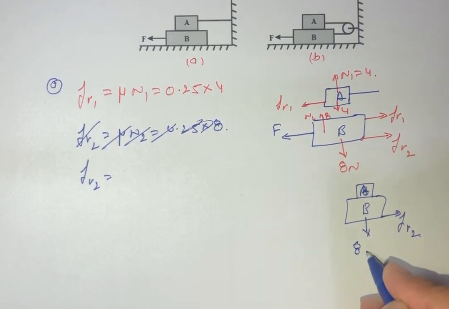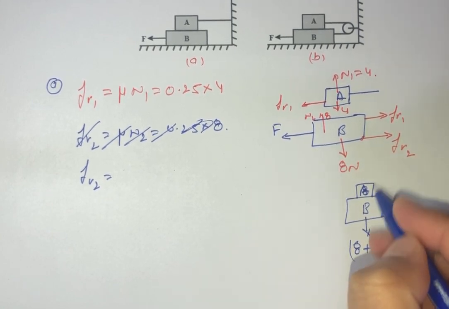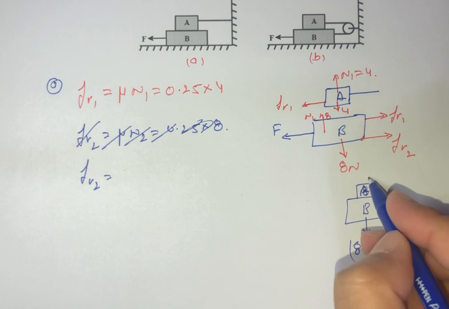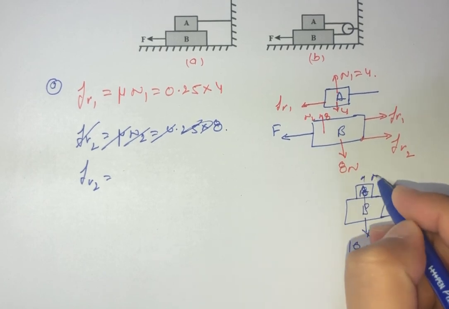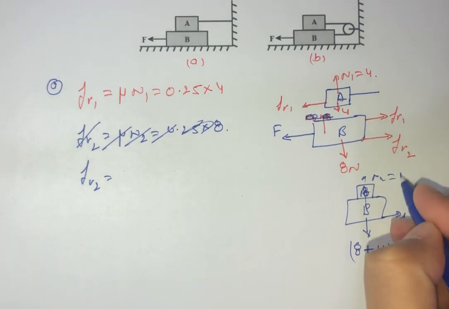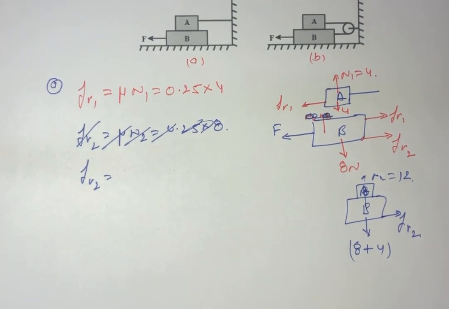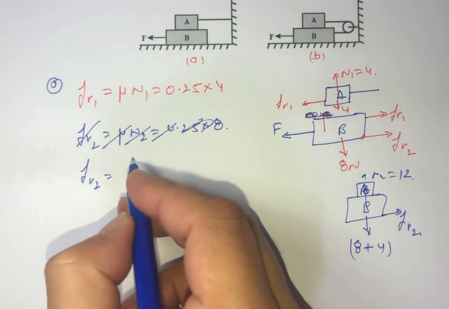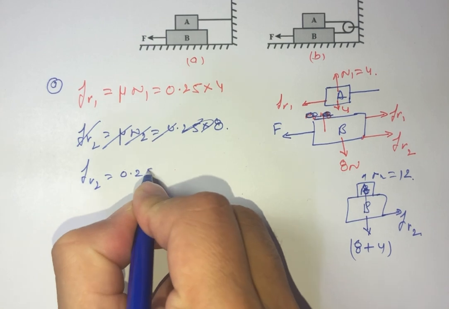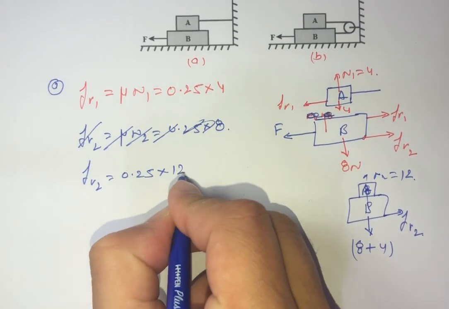That will be 8 plus 4, and therefore let this be now N2, which will be equal to 12. Sorry, mistake. So we can write this as 0.25 into 12.